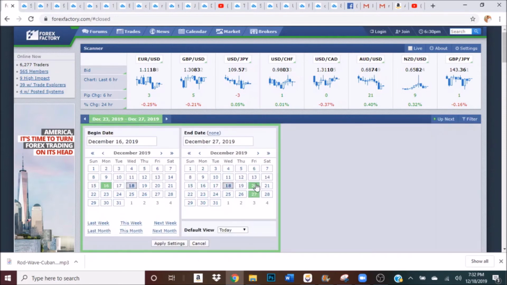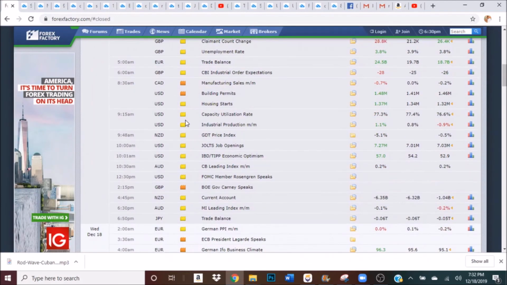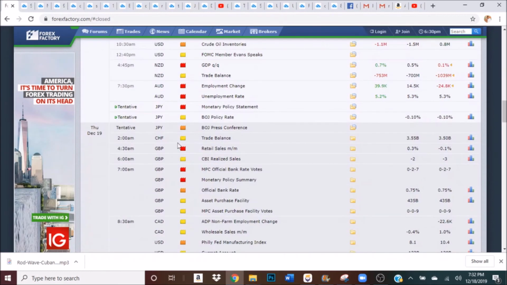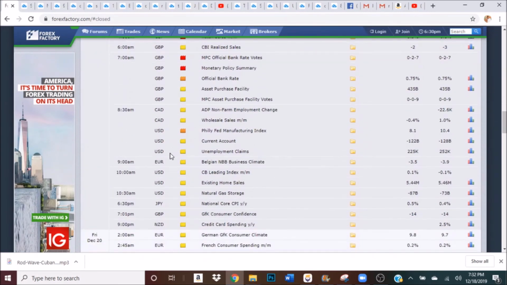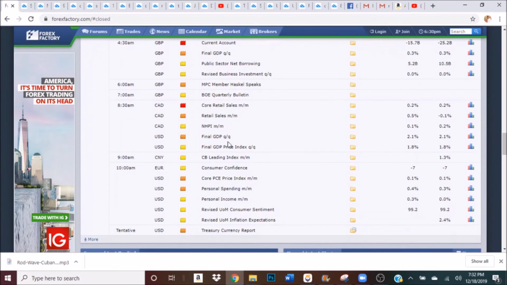Not necessarily saying it's going to be impactful enough just to push it all the way down, but we do have a couple medium impact news from now until December 24th. Like Fed manufacturing, final GDP for the year. I feel like this will move USD depending on its results, but they've been keeping them the same.